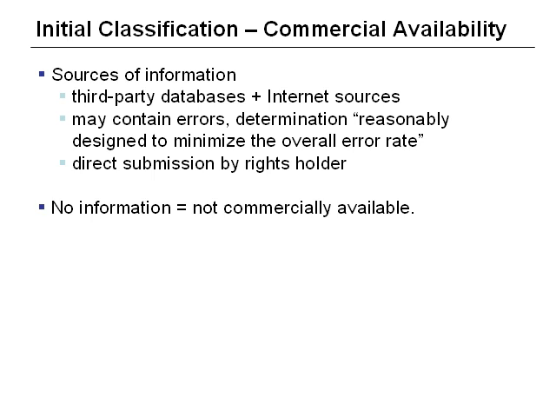The settlement also allows rights holders to provide information directly to Google that a book is commercially available. Google must act on this notification within 30 days unless it reasonably believes that the information is not accurate. A rights holder can also notify Google through the registry of any mistaken classification. When no information is available from these sources, the book will be classified by default as not commercially available.